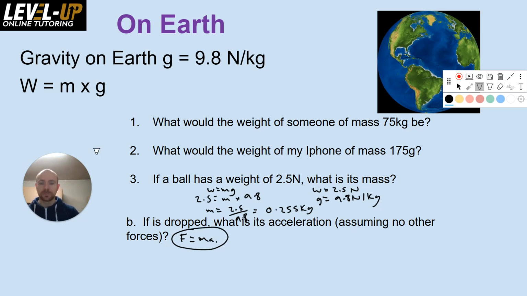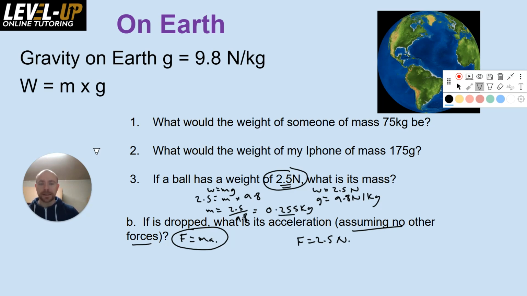Let's see what we know. Well, we know that this object's weight is 2.5 newtons, and of course weight is a force. It's the only force on it, no other forces, so that is our resultant force. So we can say our F is 2.5 newtons.